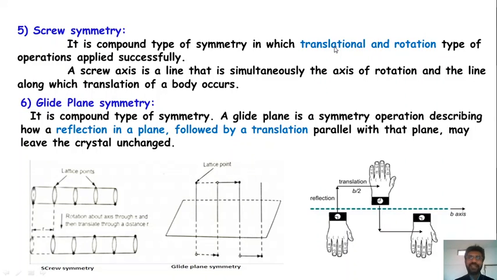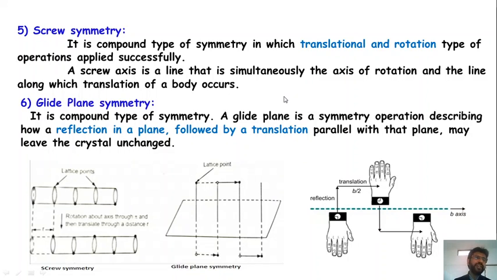One is the translation and the second one is the rotation. So from this point to this point there is the translation, and simultaneously the rotation. So a screw axis is a line that is simultaneously the axis of rotation and the line along which the translation of the body occurs.